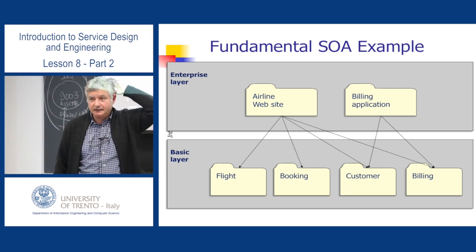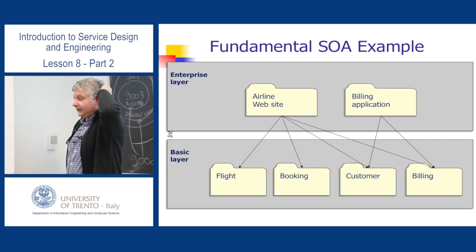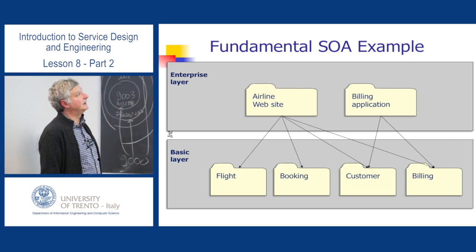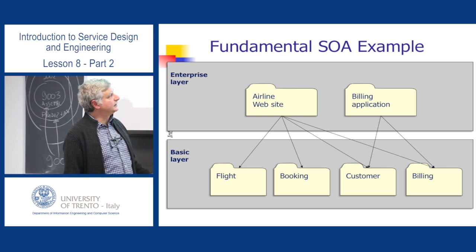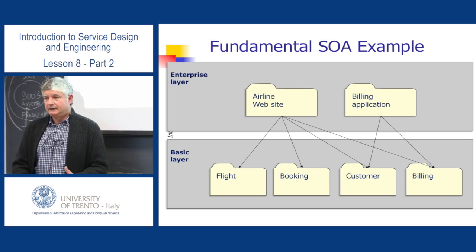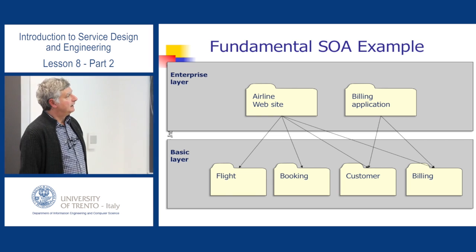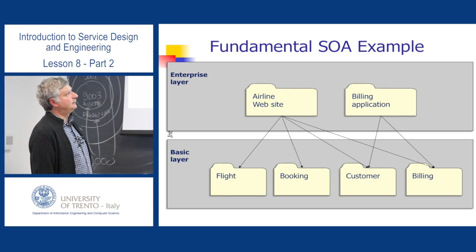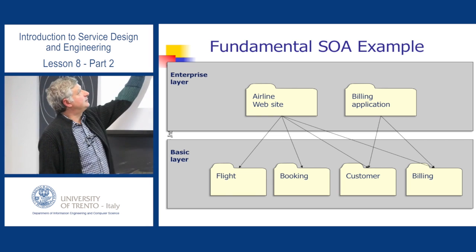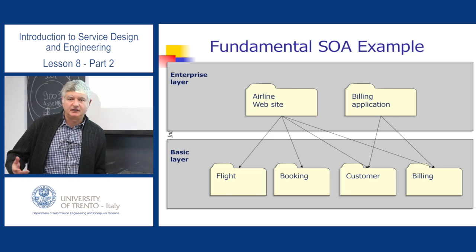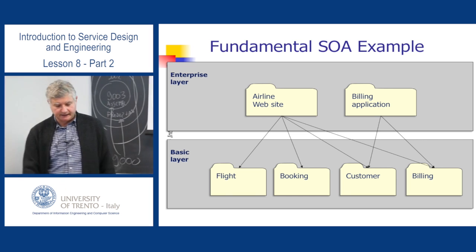At the enterprise layer, we already have the front end, or the website, or individual applications that are calling the individual services and making use of them. So the airline website is very probably used by the customer, and the billing application maybe by the travel agency, let's say.